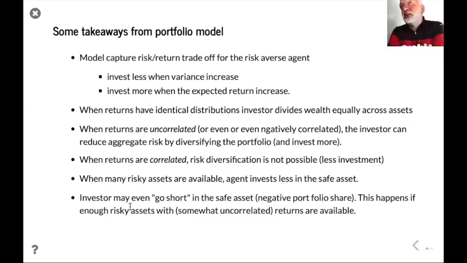And in the case where the risky assets become so attractive because of reduced risk or higher returns, the agent may even choose a negative portfolio share in the safe asset. This highlights that we are solving a model where we're allowing those assets to be negative. Economically, the agent can go short in one asset, a little bit like borrowing by selling that asset on the market.